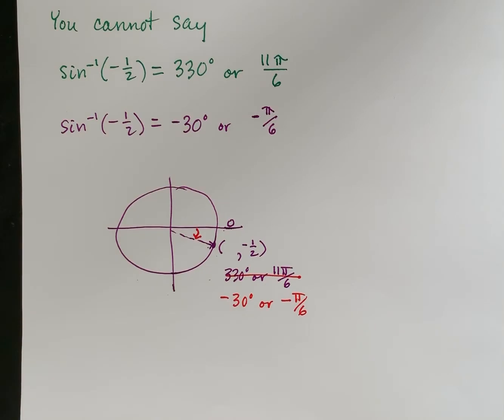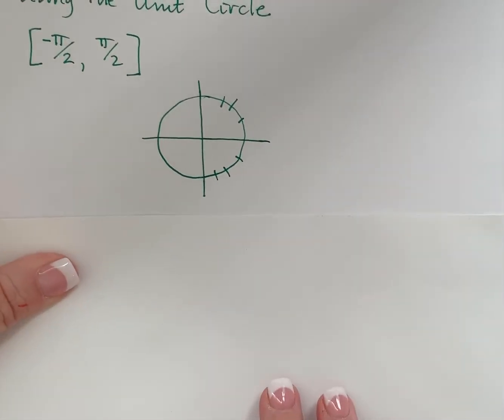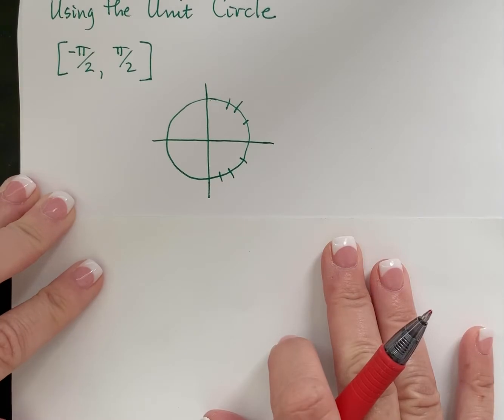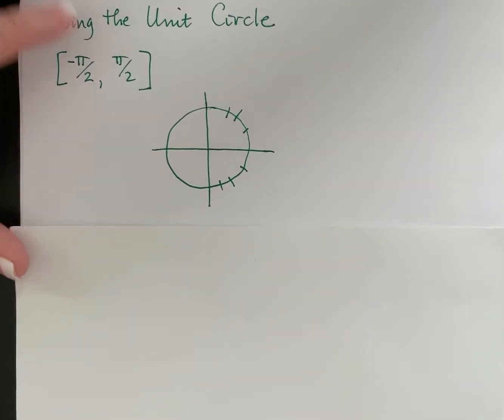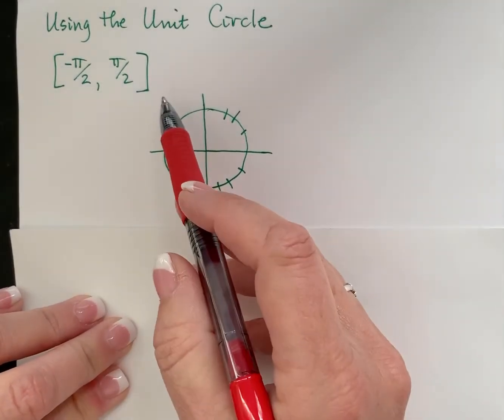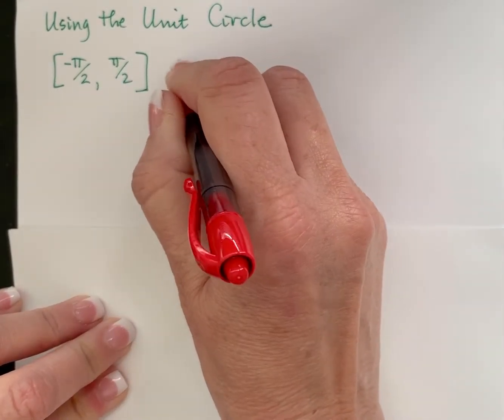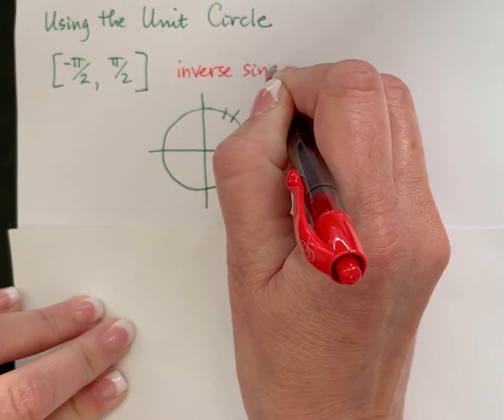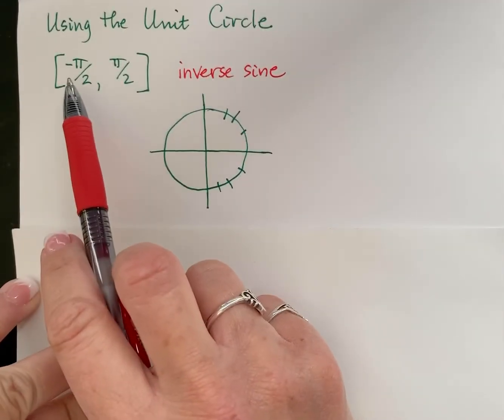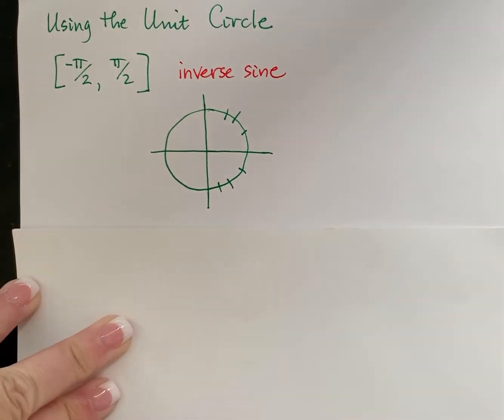Okay, so to be super clear, let's look at the unit circle. Okay, if you're doing special angles and special values, everything is right on the unit circle. Okay, if you're dealing in radians for inverse sine, the range or all the answers will be between negative pi over 2 and positive pi over 2.